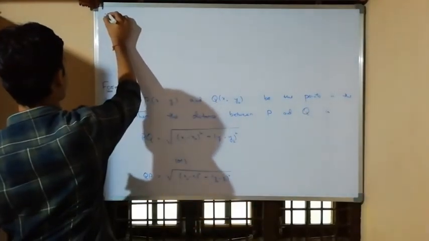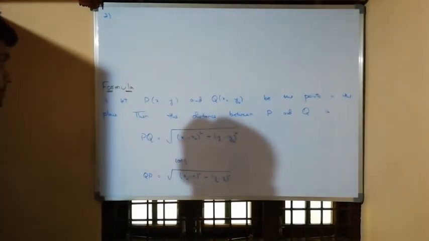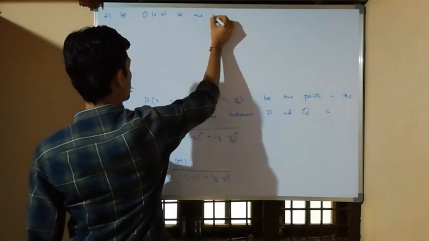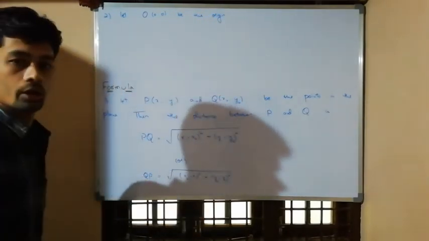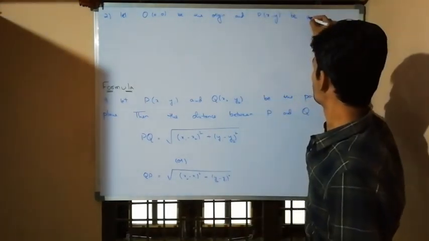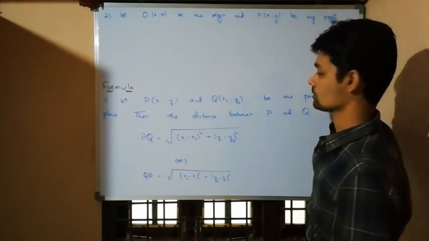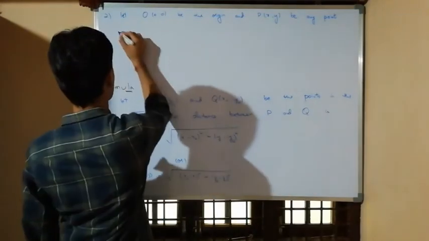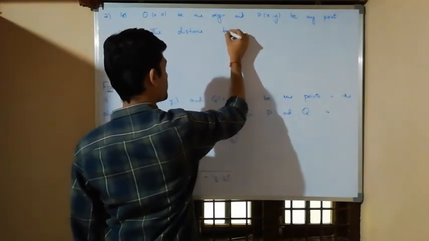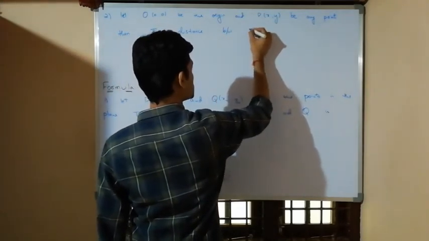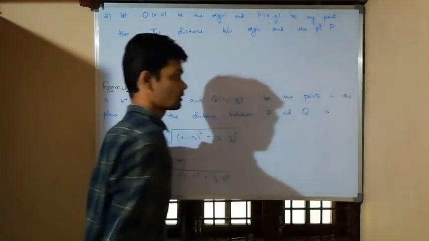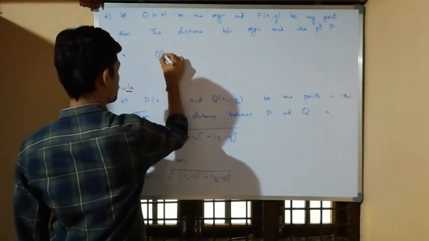Next. Let O 0, 0 be the origin and P of x comma y be any point, then the distance between origin and the point P is OP is equal to under root.